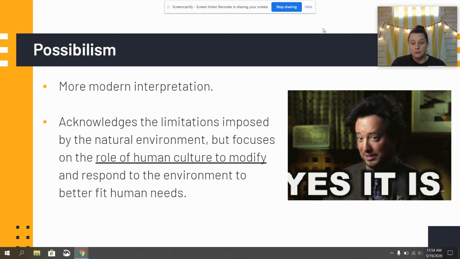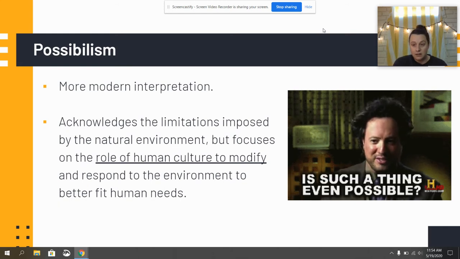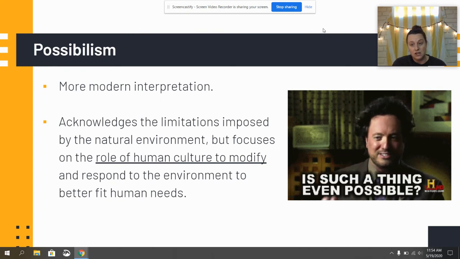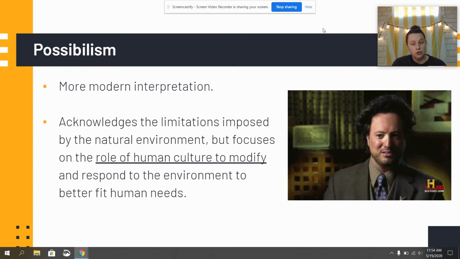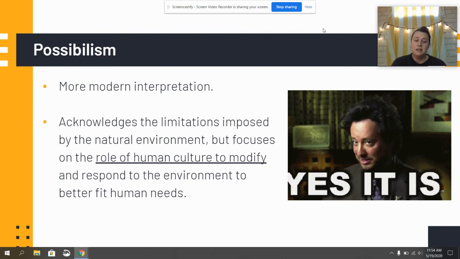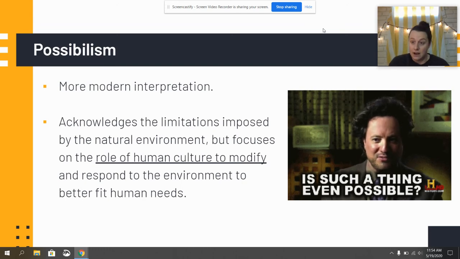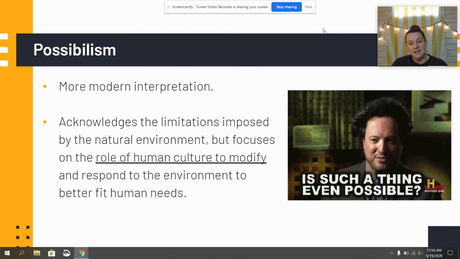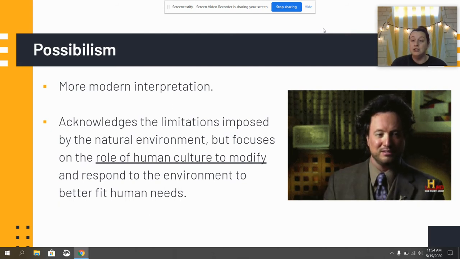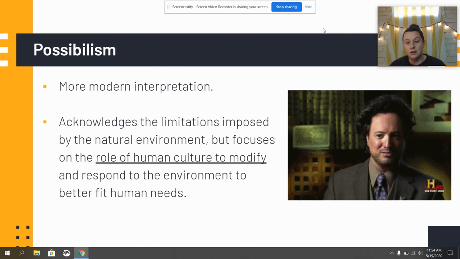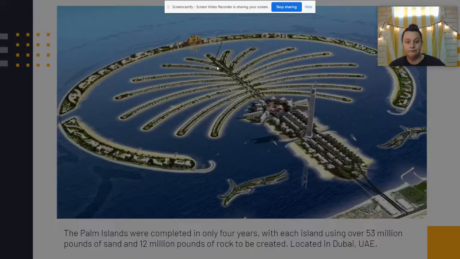They are able to modify and respond to the environment, use technology and those innovations to really control the environment more than let the environment control them. And so instead of having the environment determine our culture and development, possibilism says that humans can use their cultural innovations to modify the environment for their needs, for human needs.